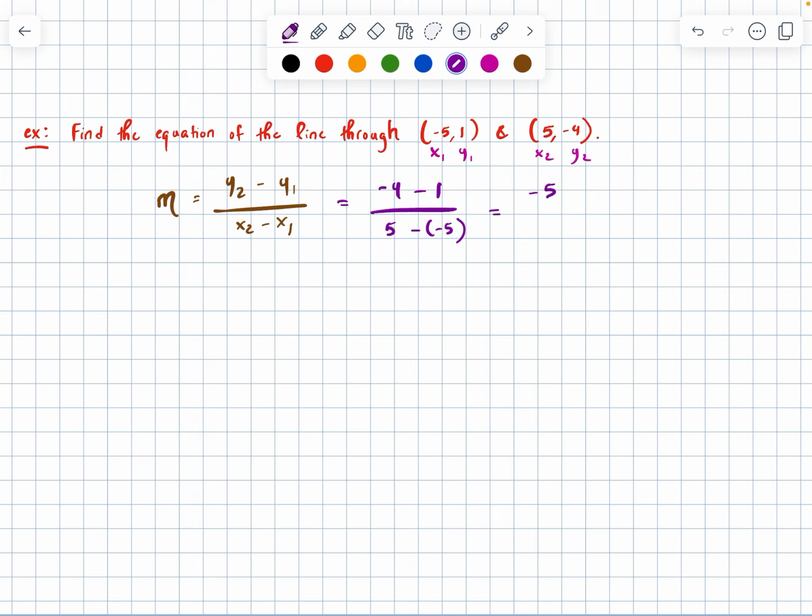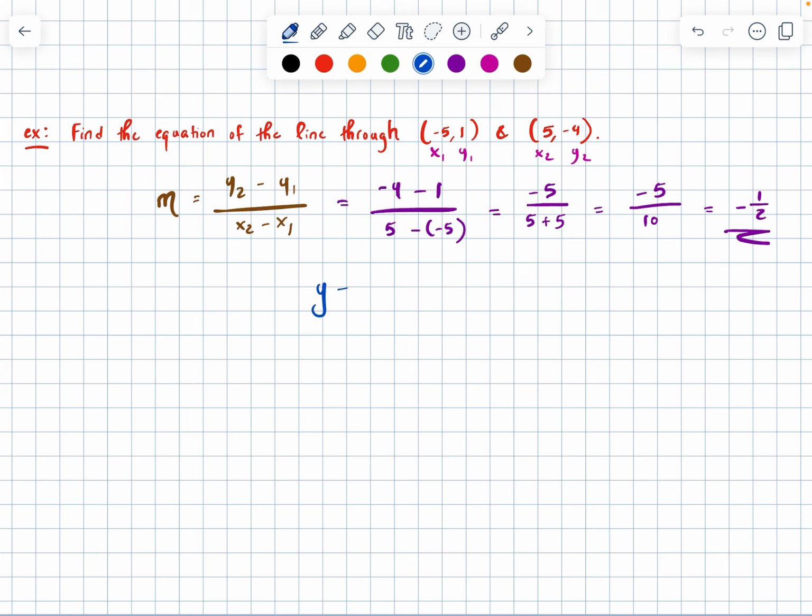Simplifying our fraction, -4 minus 1 is -5. 5 minus -5, that's really 5 plus 5, right? Double negative becomes a positive. -5 over 10, this guy reduces to -1/2.